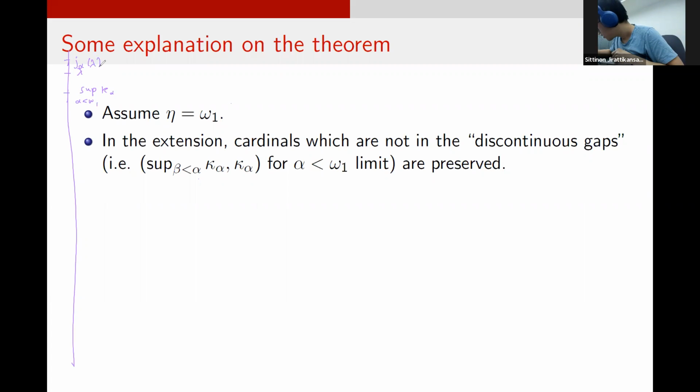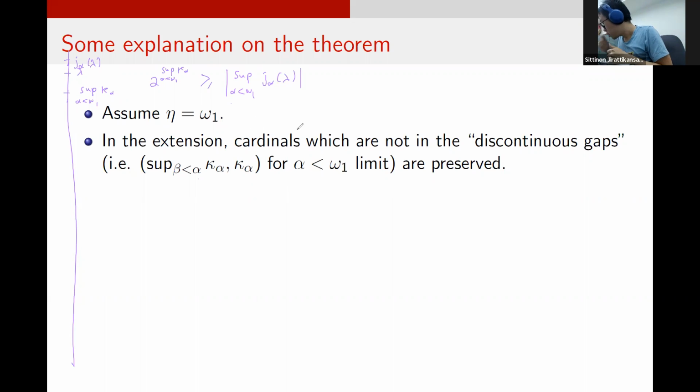The cardinal arithmetic says that 2 to the sup of kappa alpha, for alpha less than omega 1, is greater than or equal to the sup of J alpha of lambda for alpha less than omega 1. It's either equal to the sup or equal to the successor of the sup, depending on the behavior of J alpha of lambda and the Kőnig-type theorem about cardinal arithmetic.